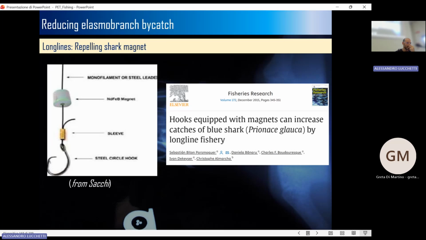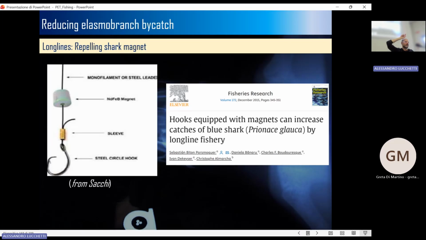Another way to reduce elasmobranch bycatch in the last years is to use magnets. To be honest, I don't trust this solution for different reasons. Even because, if I remember, each single magnet costs something like 5 euros.